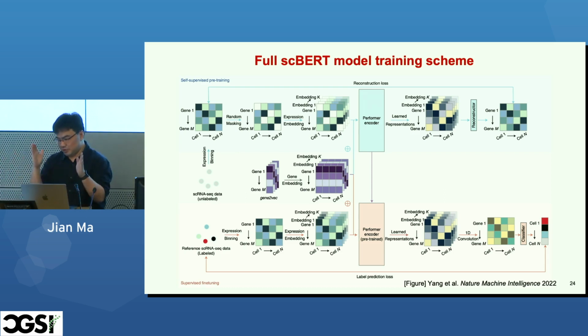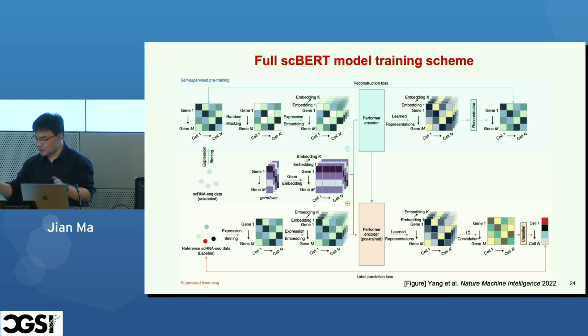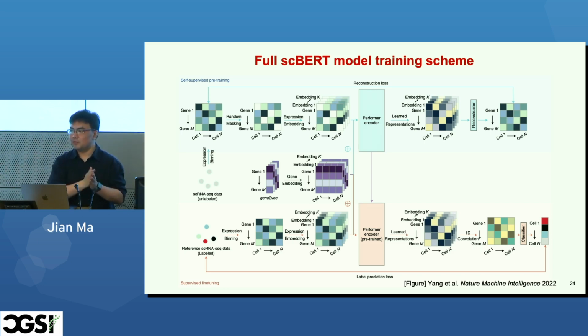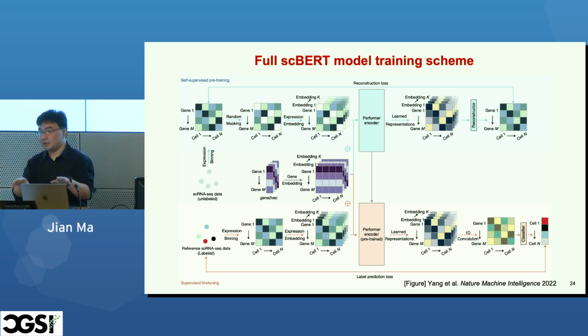You chop expression up into several buckets and say this gene expression is very high, kind of high, medium, low, and so forth. In general, not exactly what they did, but that's really the concept, to discretize expression values.